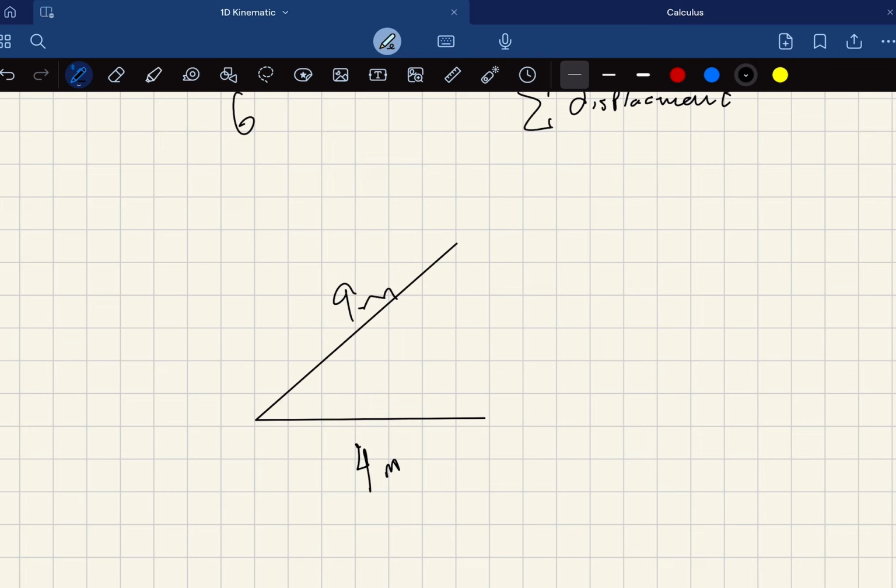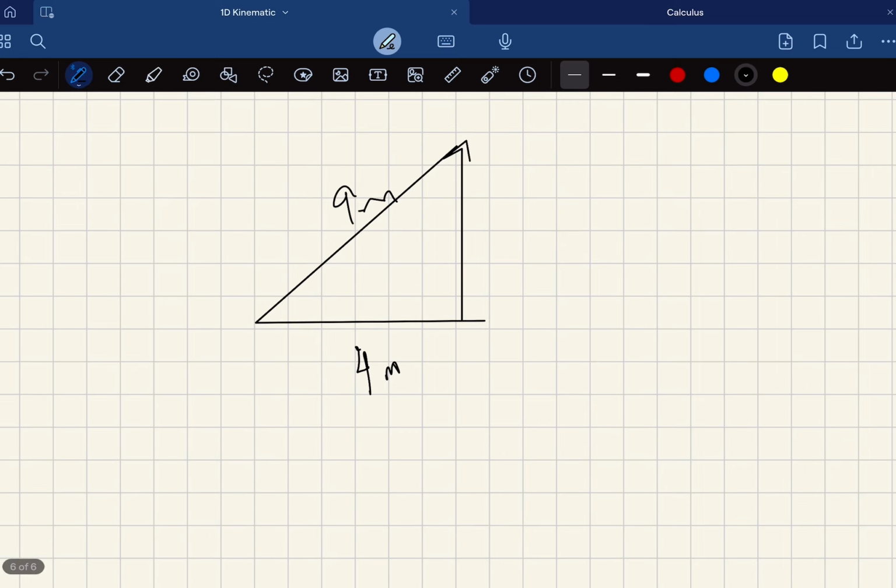What is the magnitude of this vector right here? So let's put this into a notation.